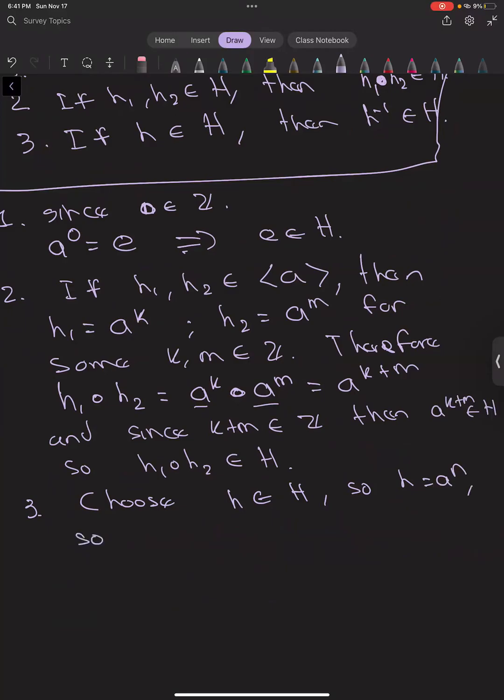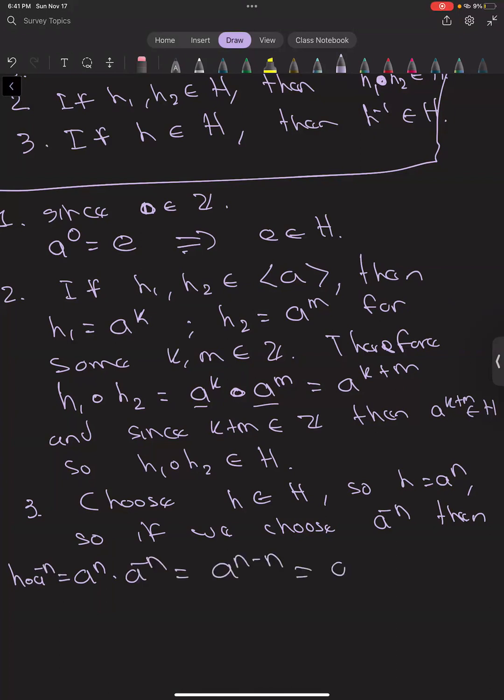If we choose a to the minus n, then a^n composed with a^(-n) equals a^(n-n), which is a to the 0, and this is the identity.